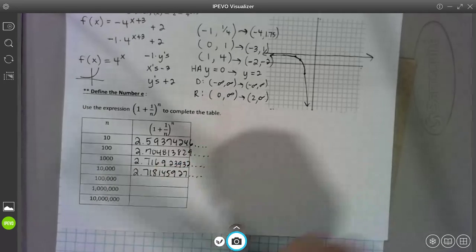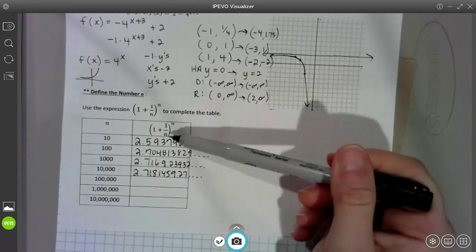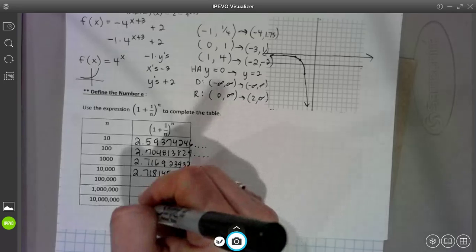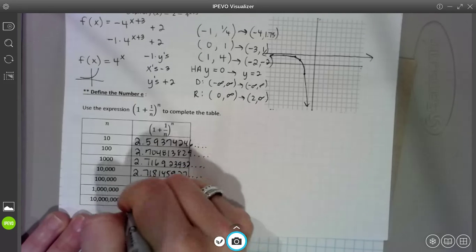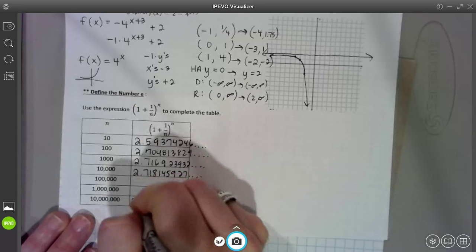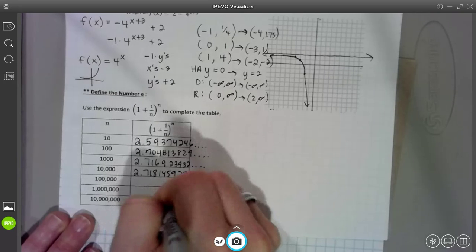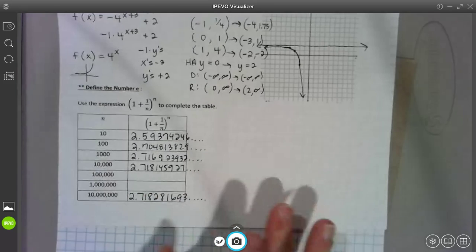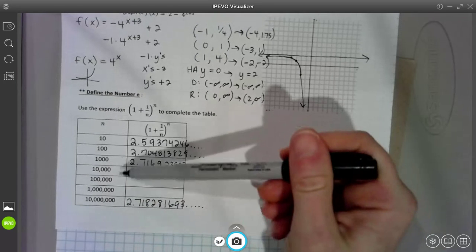They realized that as n gets bigger, the value of this expression is converging, slowly but surely heading towards a fixed value. Jumping ahead, when they plugged in 10 million, which is a lot bigger than 10, the answer became 2.718281693, and so on.